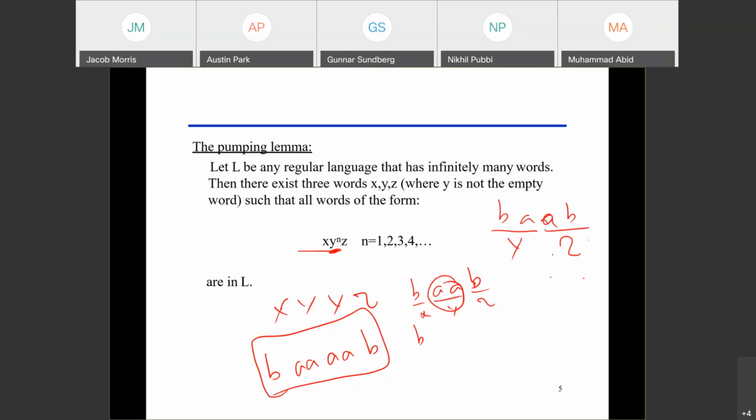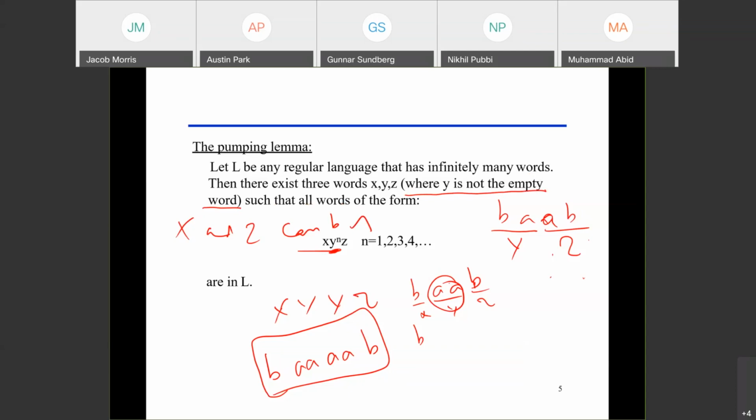It is highly possible that your whole word is Y, or you have X and Y, or Y and Z, but it is not possible that you have X and Z but no Y. X and Z can be lambda, but Y will always be present, where Y is not the empty word.